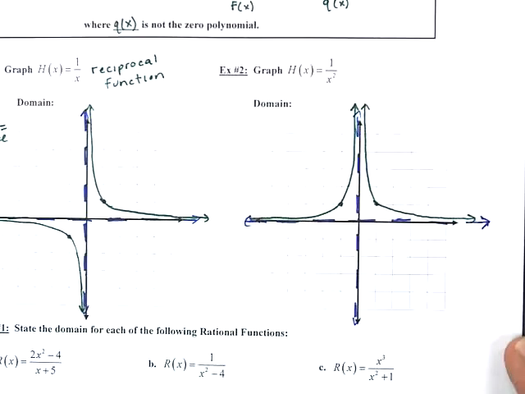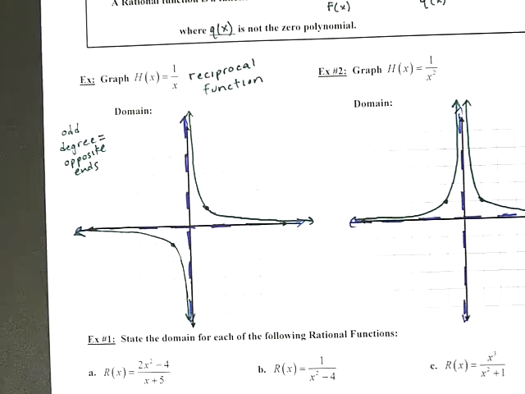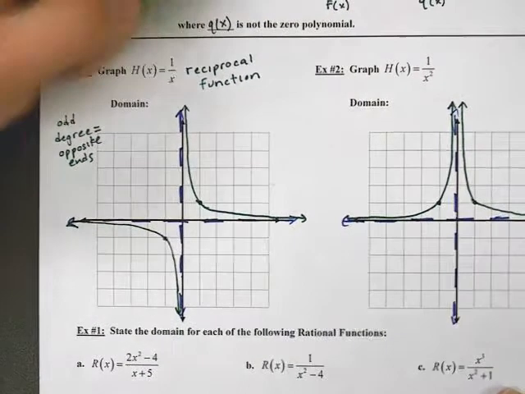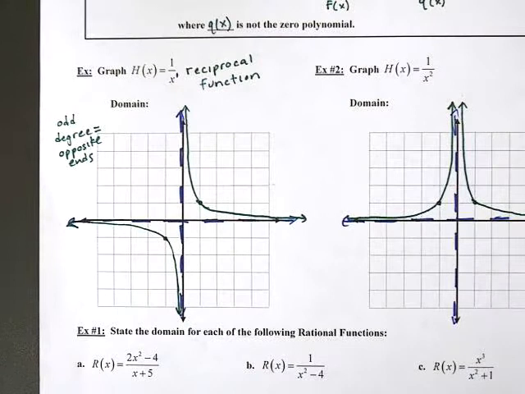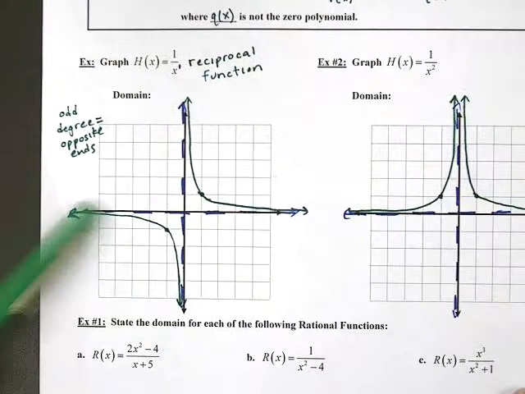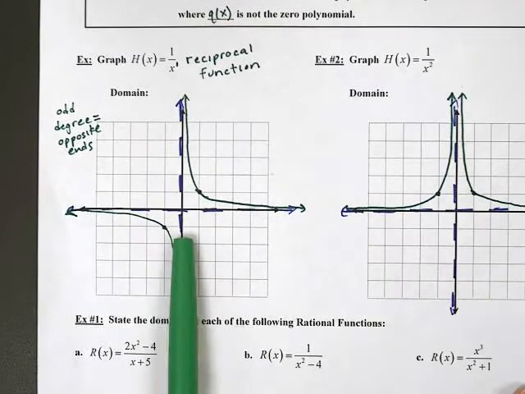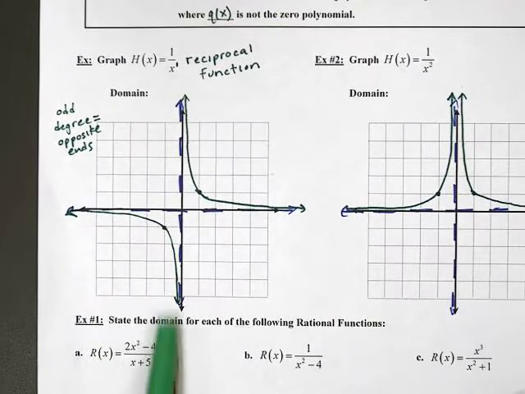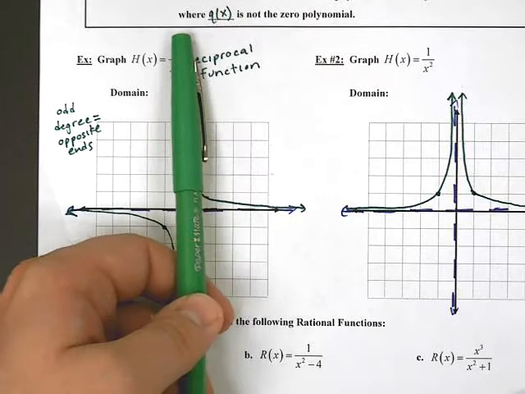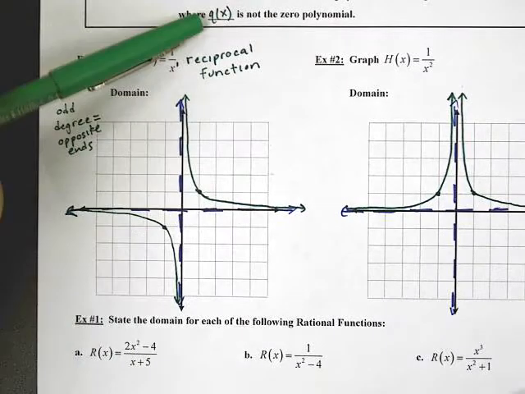And this is what I meant in my note on the other one. You see how the degree right here was a 1, or it was odd? Well, that means that on opposite sides of the vertical asymptote, one approaches from the bottom and one from the top, negative infinity, positive infinity.